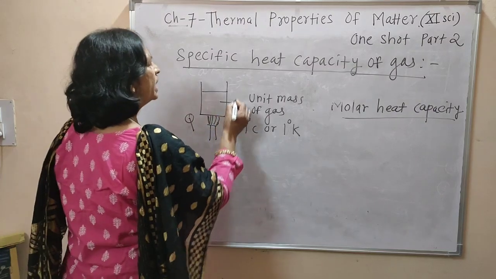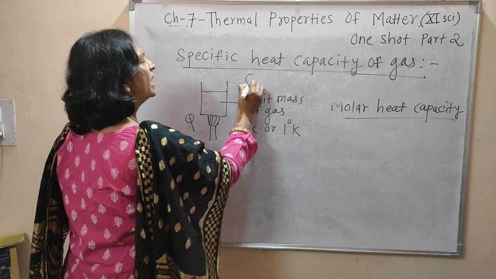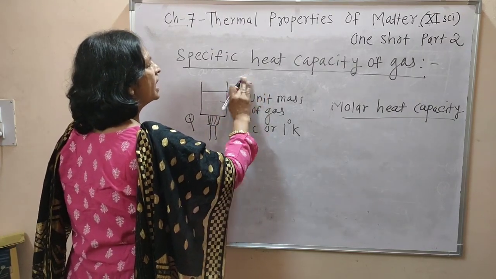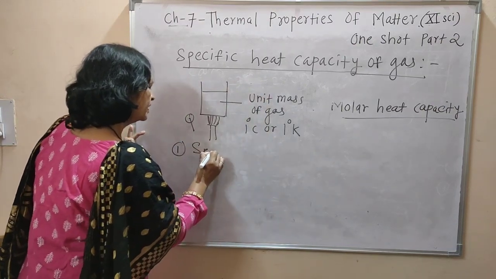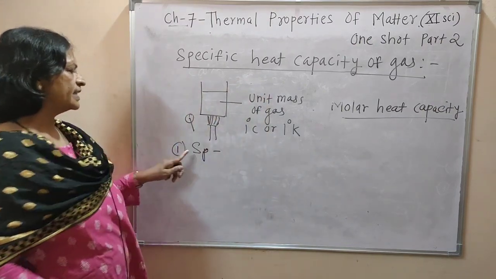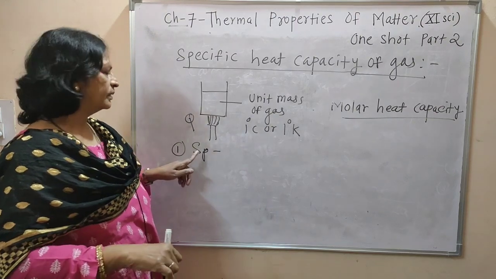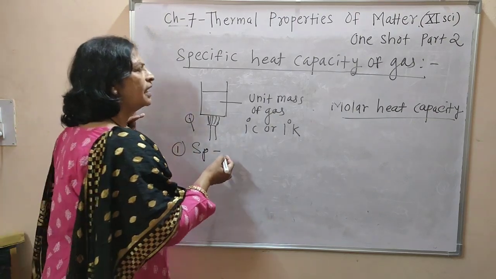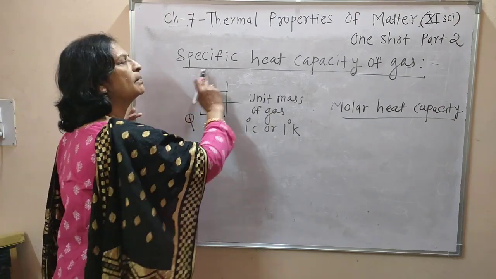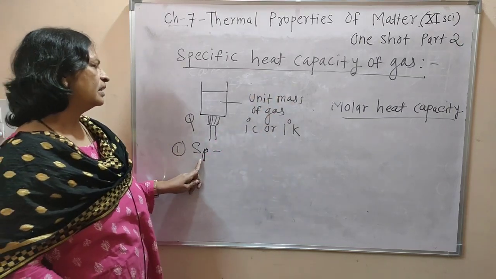When we keep its pressure constant, that heat is called Cp, specific heat of a gas at constant pressure. Then what is the definition of specific heat capacity of a gas at constant pressure?